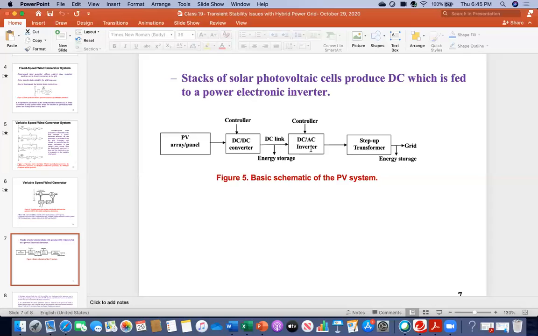That controller can control the active power, reactive power, voltage, power factor, everything, to meet the demand of that grid. That's why it is called a smart inverter system these days. Of course, here you need some sort of smart controller, although this is just a simple DC to DC boost converter, but still you need a good controller here.